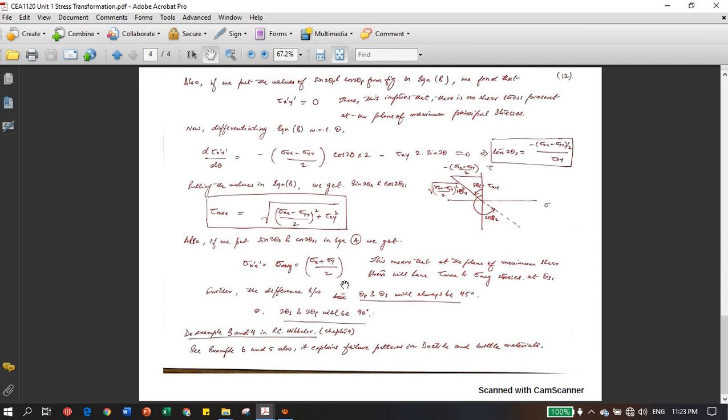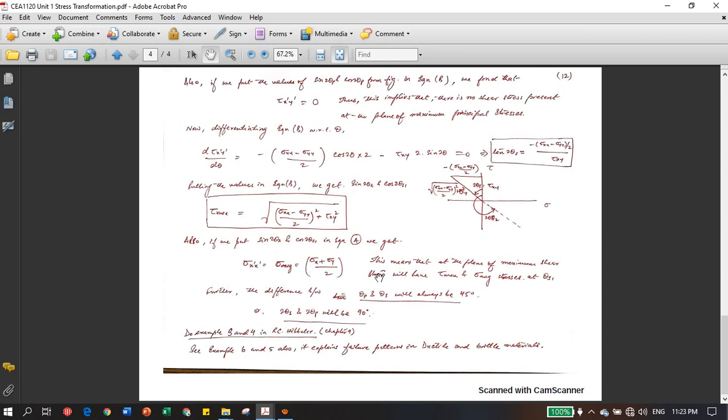So at the plane of maximum shear stress there will also be a normal stress present. However, that's not the case with the principal stress plane. At 2 theta p, the plane of principal stress, there will be only normal stress, and shear stress will be 0. But at the plane of maximum shear stress, normal stress is also present, and that normal stress is called sigma average.